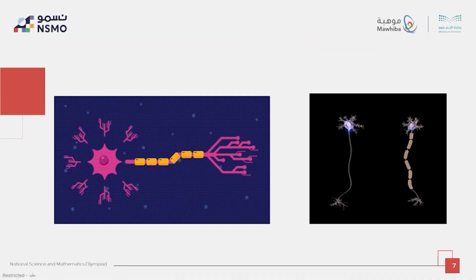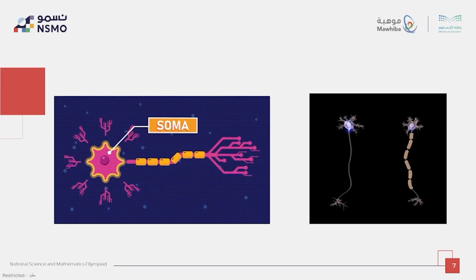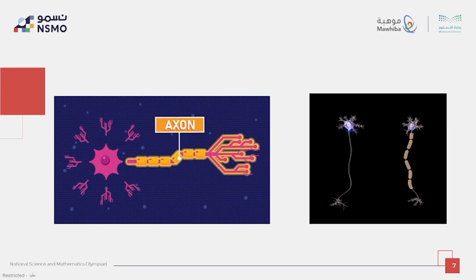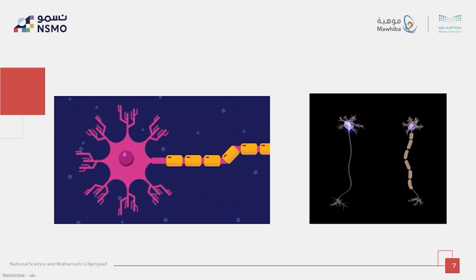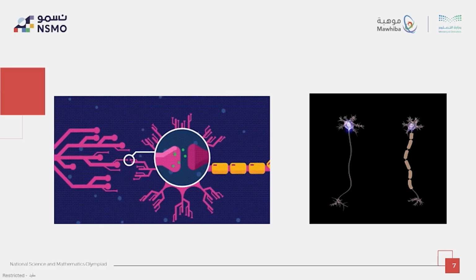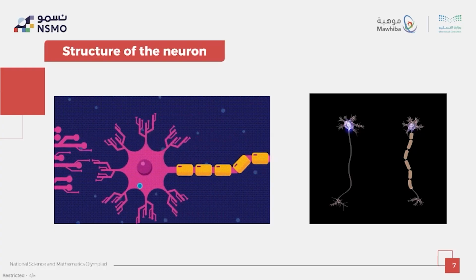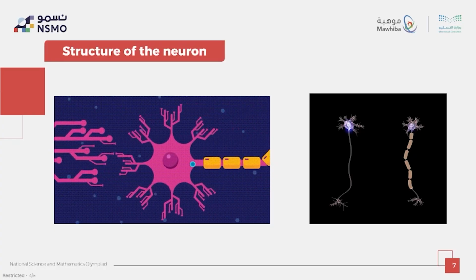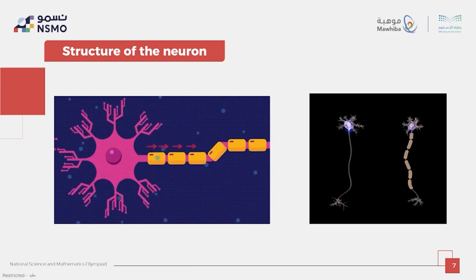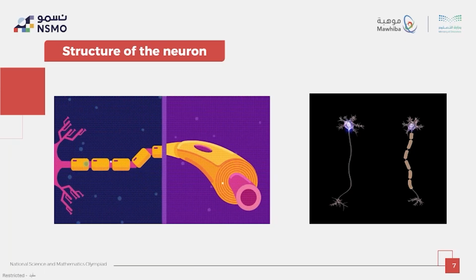Imagine that neurons transmit messages faster than 120 meters per second. Dendrites receive, cell body analyzes, axon carries, terminals deliver. Now let's talk about the structure of the neuron, and let's look at the picture on the right side.